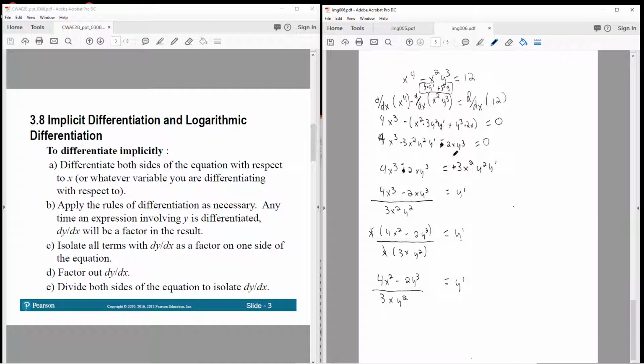Now I want to go ahead and solve for y prime. So I go ahead and move my y prime term to one side. So this is the only y prime term here. So I move that to one side.